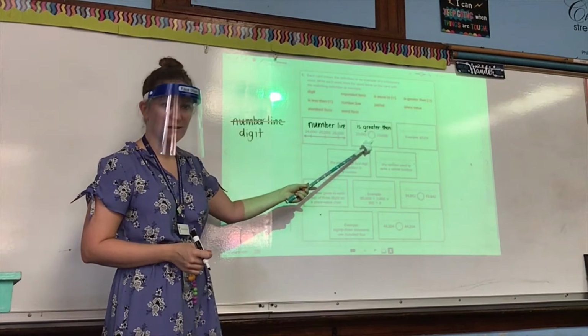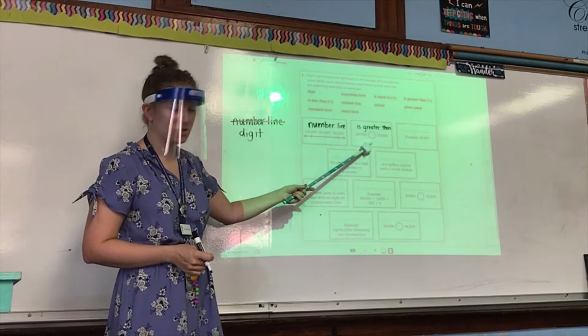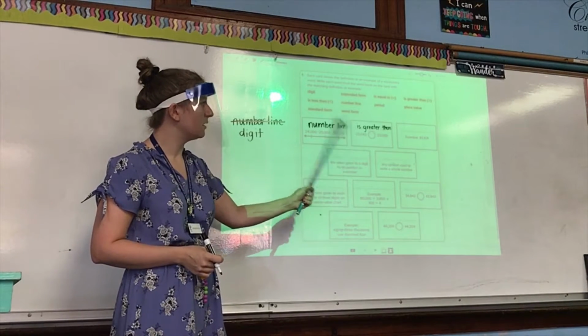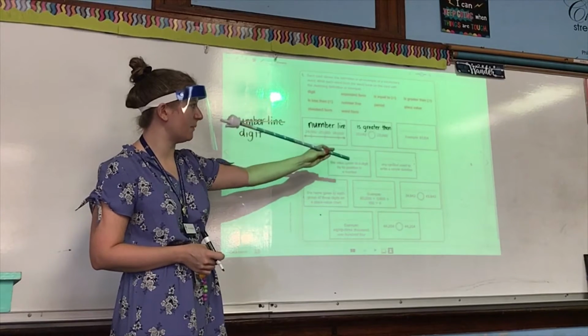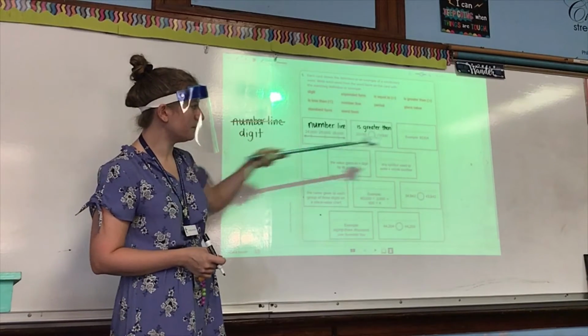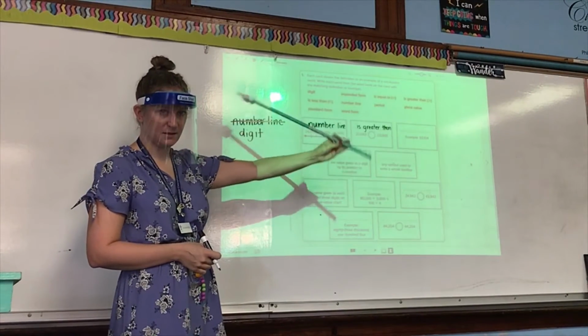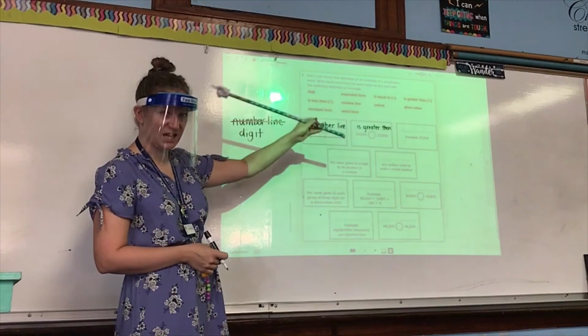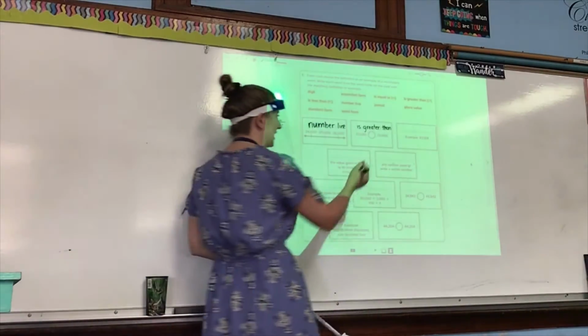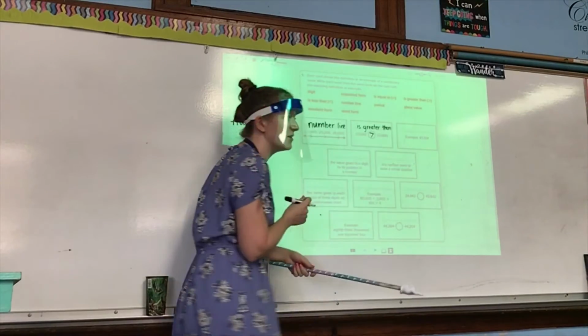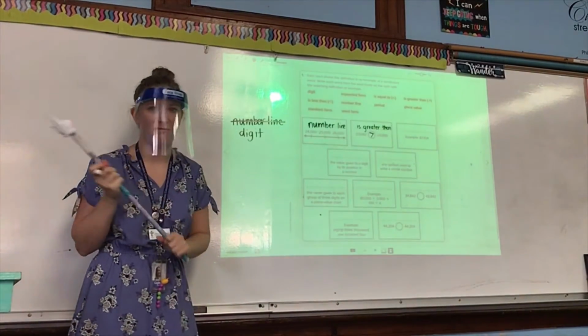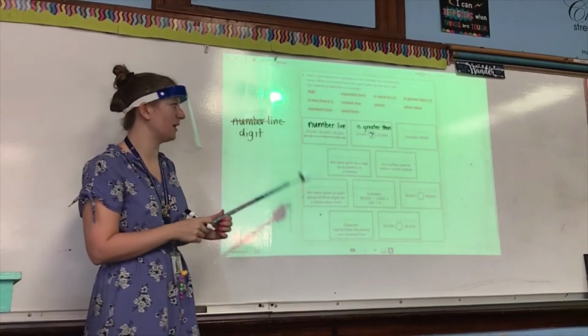Carla? A crocodile mouth pointing to the bigger number. So is our crocodile mouth pointing to the left or to the right? This way. To the left. Good. So if you do not have both of those, you need to use your red pen to make sure you have both of those. That was a 2-part question.